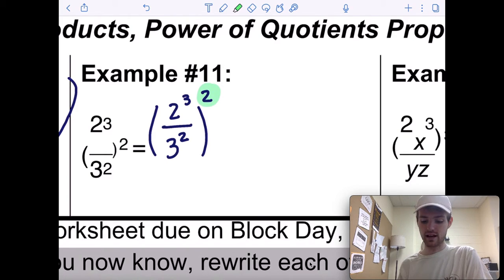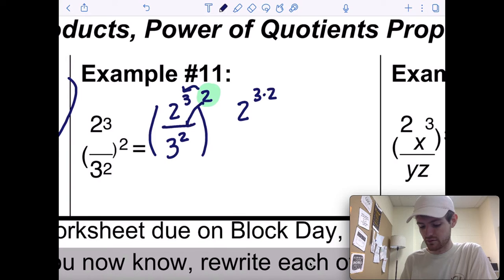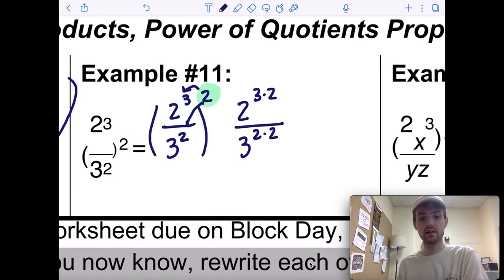Here's a power outside of parentheses. We still distribute it to each of those bases. So what we're doing, I'll write it out a little better so we can see. We multiply the exponents.